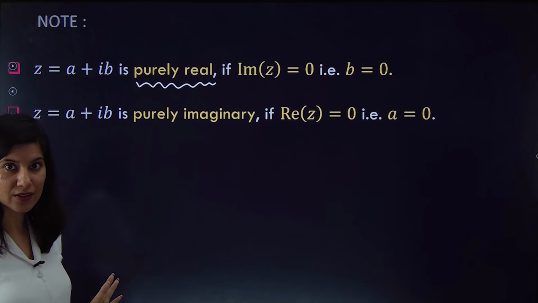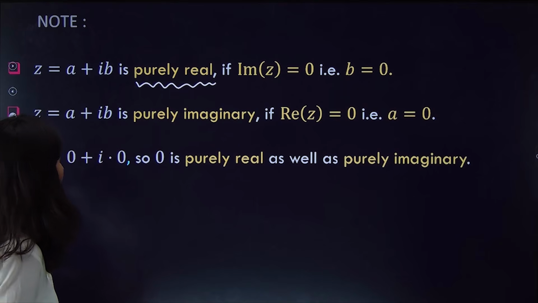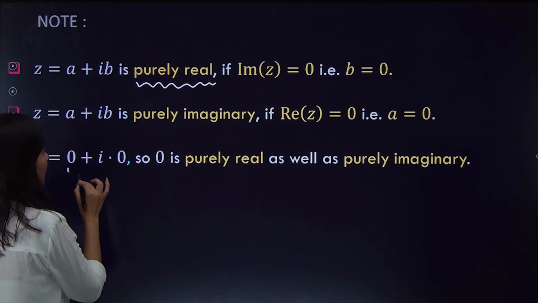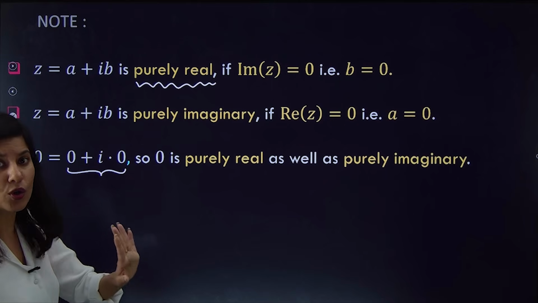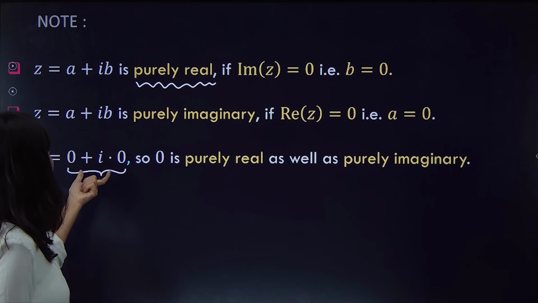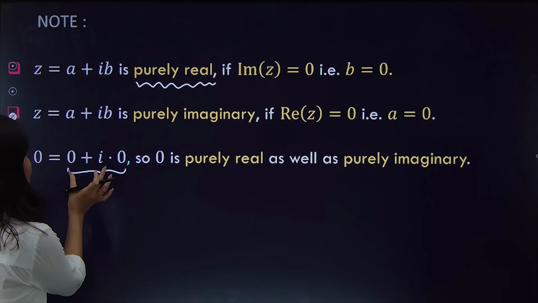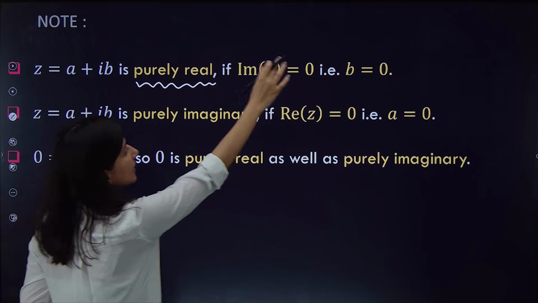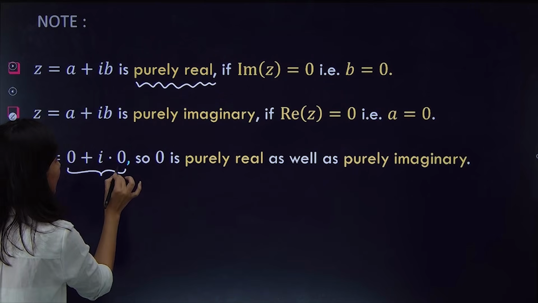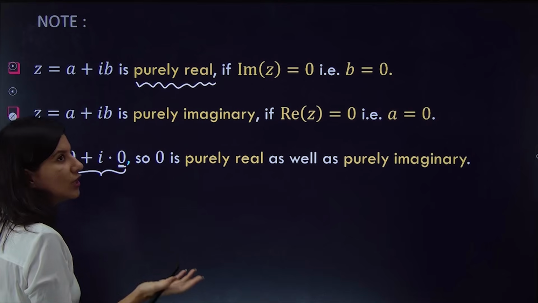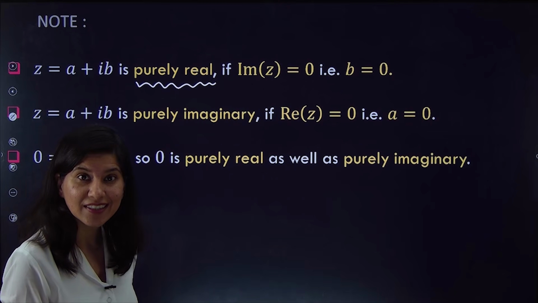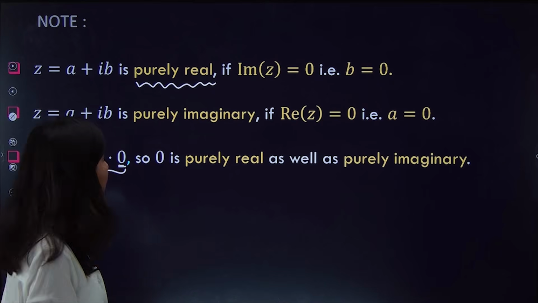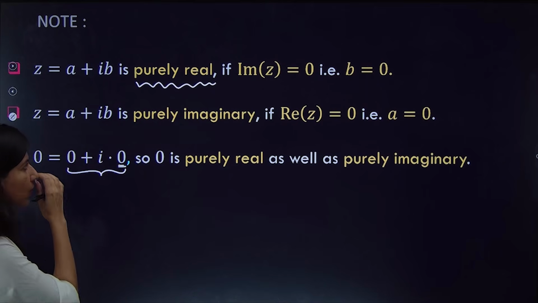All right. Okay. Now, what about 0 plus 0 iota? Is it purely real? Hold on. Purely real, okay, ma'am. For purely real there is a condition that b is 0. Is b 0? Yes, ma'am. So 0 is purely real. Right? And is it purely imaginary? Okay, hold on. What's the condition?